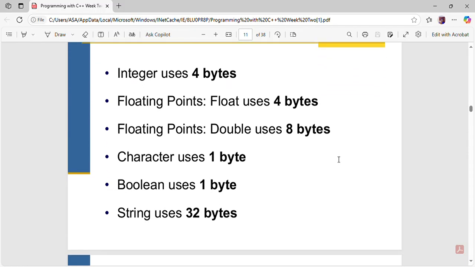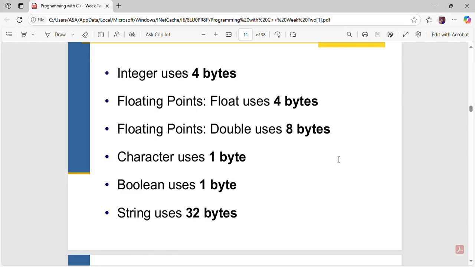An integer uses 4 bytes. The floating point, that's the decimal numbers with a single precision, uses 4 bytes, while the double, which is the decimal numbers with double precision, uses 8 bytes.